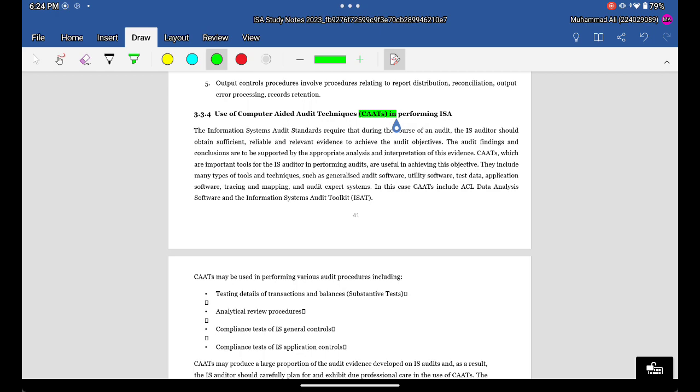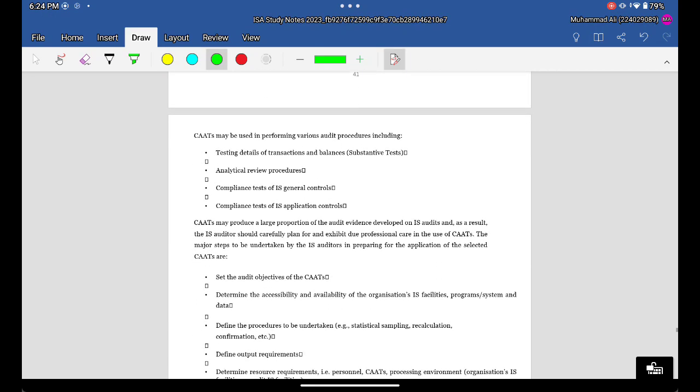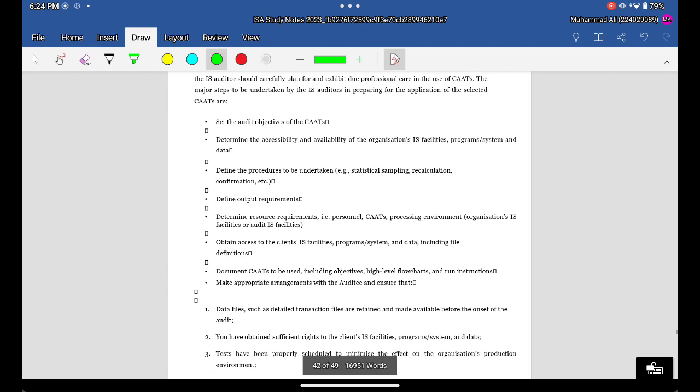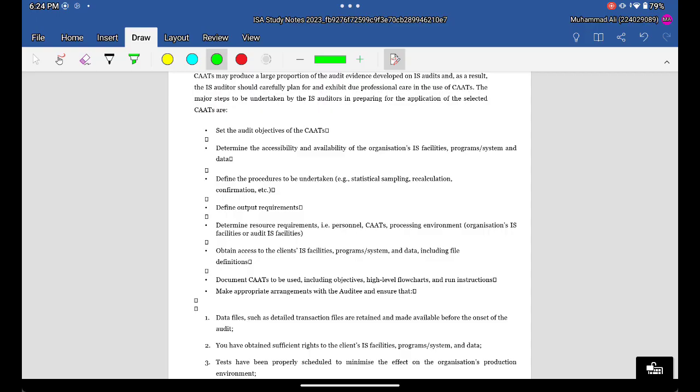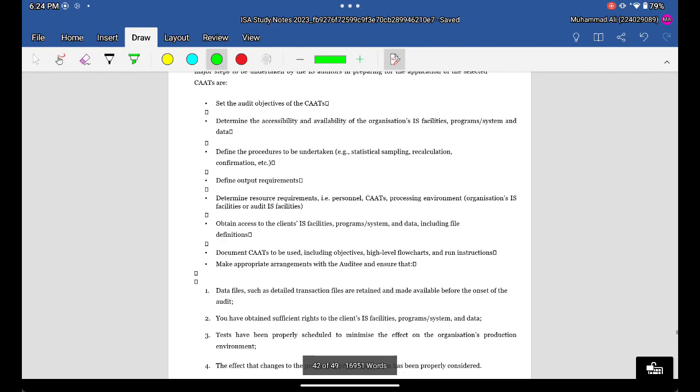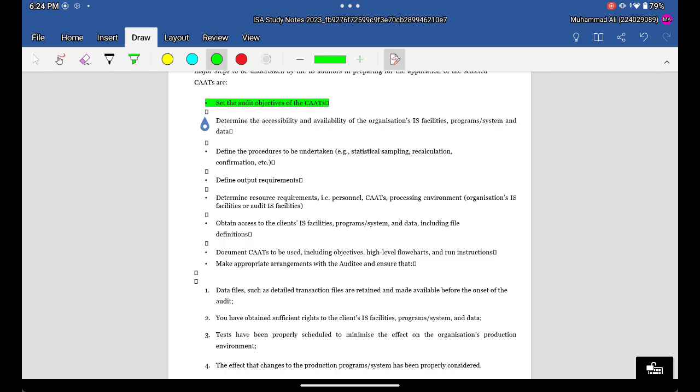CATs, computer-aided audit techniques. When you use a computer to do some audit work for an auditor, that's what a CAT is. CATs can do these things, so you can read it. Very simple: it can do some audit work for you. The major steps undertaken by the information systems auditor in preparing for the application of the selected CATs: you have to set what you need for the computers to work, so you know what to audit.